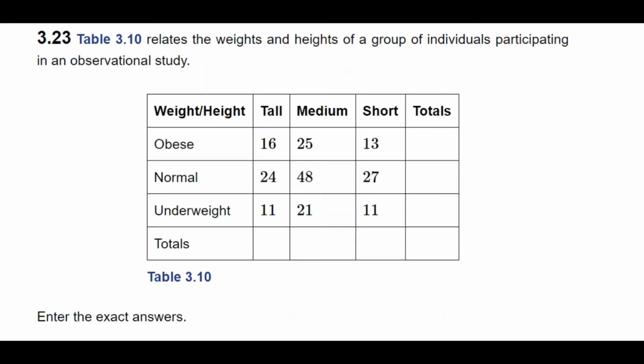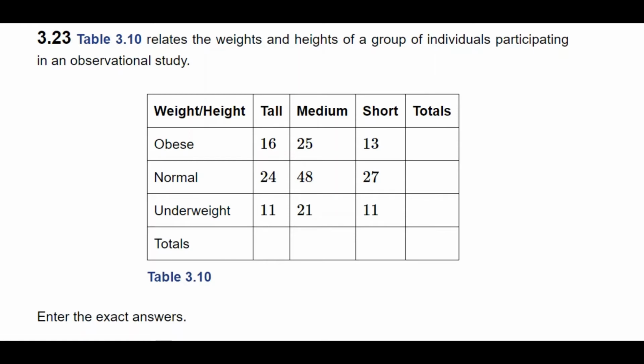Now we see another interesting exercise where you'll be doing a bit more work than before. We are looking at the weights and heights of a group of individuals who participated in an observational study. The rows of the table represent different weights, and the columns represent different heights. So you see that there are some overweight people with different tall, medium, and short heights, and then there are normal people and underweight people in the rows.